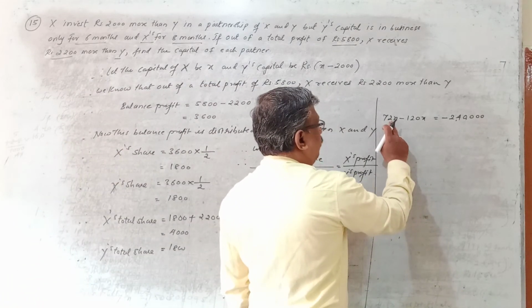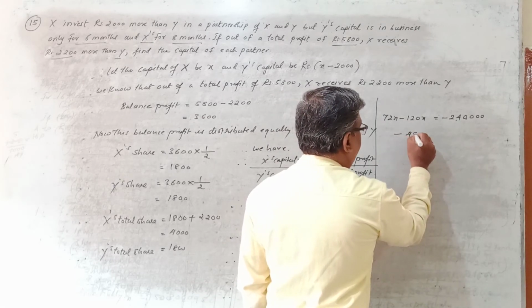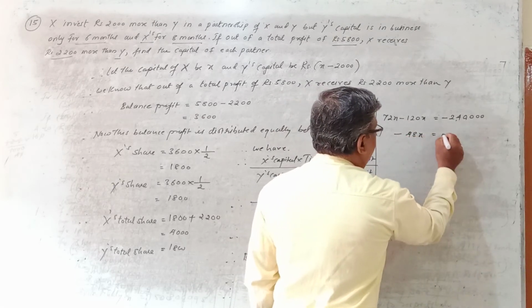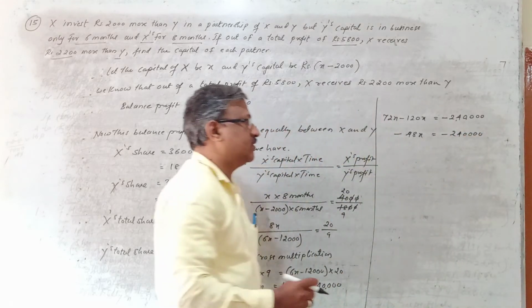Now from 72x you minus 120x, it comes to minus 48x equals minus 2,40,000.